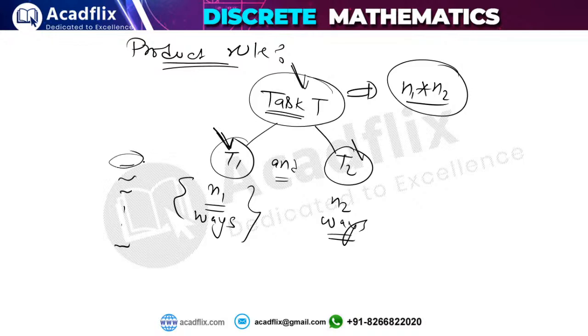For each of the ways to solve task T1, you have n2 ways to solve task T2. Then how many ways are there to complete this task T? This will be n1 into n2. So don't worry, we will take examples and we will understand.